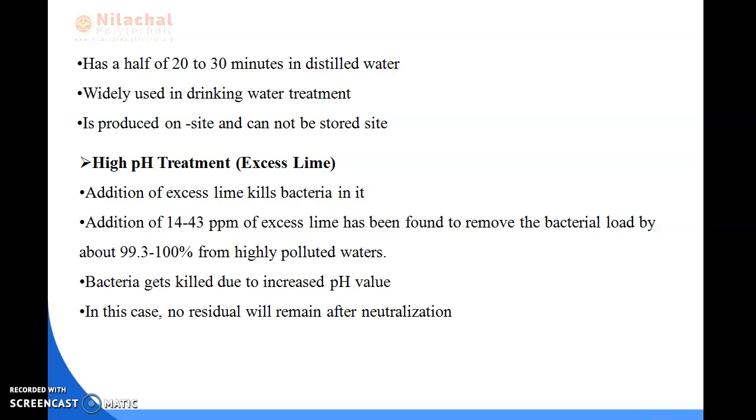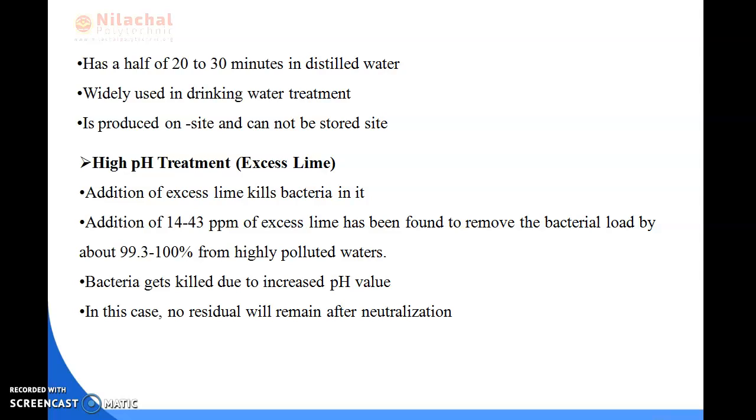Okay. So high pH treatment, that is excess lime. While we are adding the excess amount of lime, it can kill the bacteria in the water, and we can add 14 to 43 ppm, that is parts per million, of excess lime.